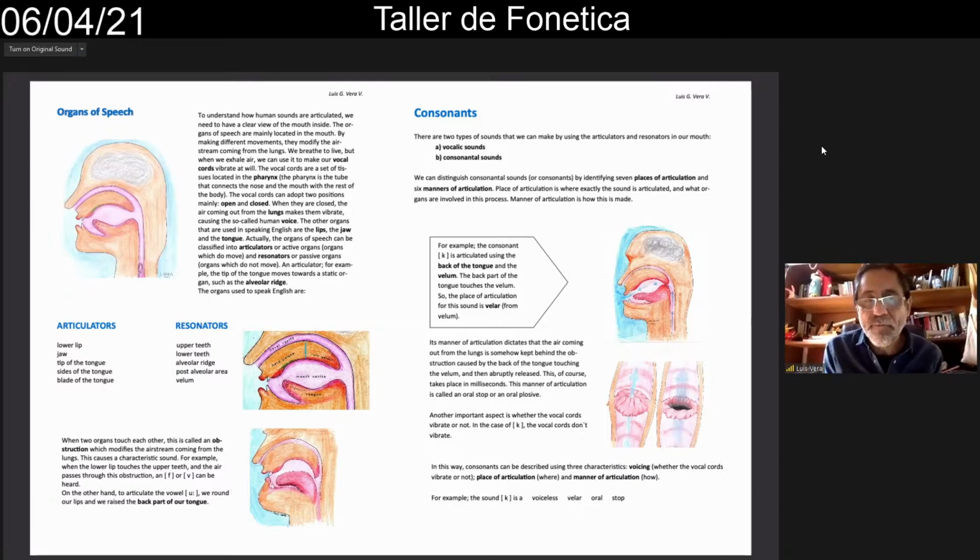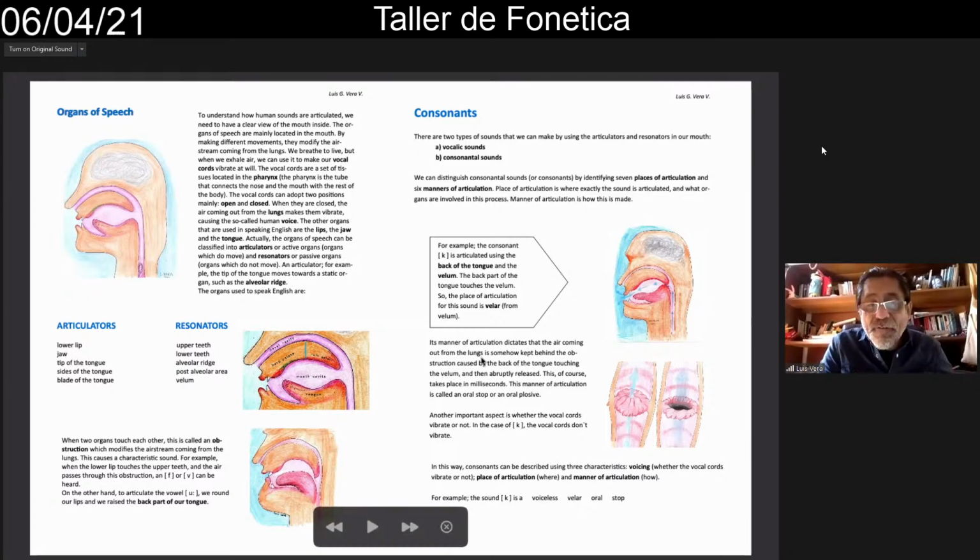For example, the consonant k is articulated using the back of the tongue and the velum. The back part of the tongue touches the velum. So the place of articulation for this sound is velar, from velum.